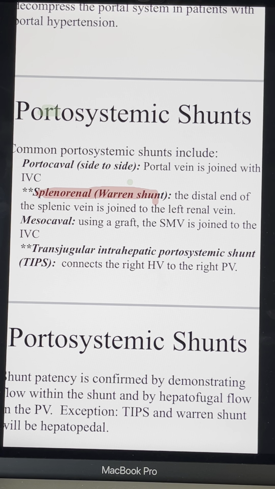Same thing is going to be with this one, and same thing is going to be with this one, hepatofugal. So first three, hepatofugal in portal vein.